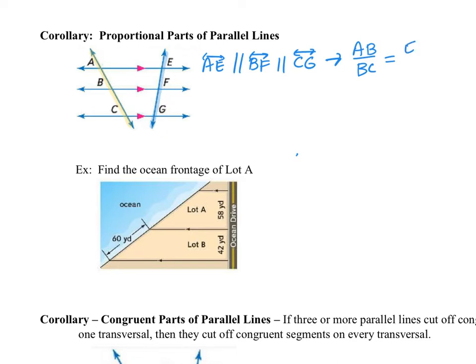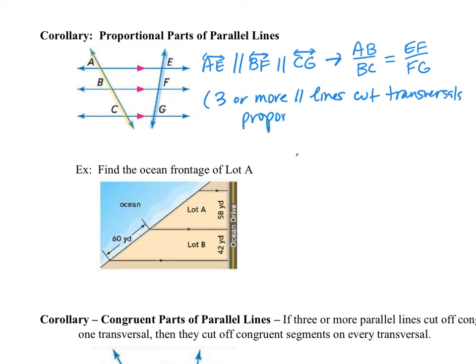Another way we can state that is: three or more parallel lines will cut transversals proportionally.